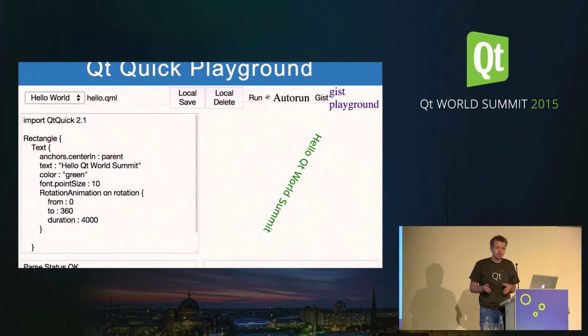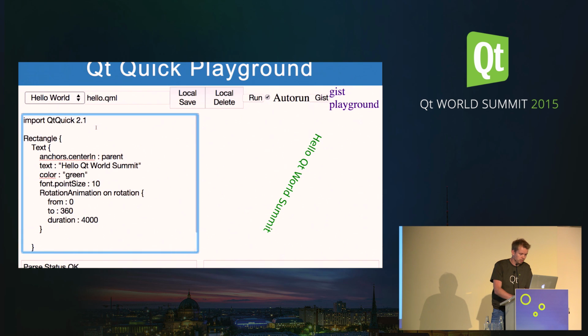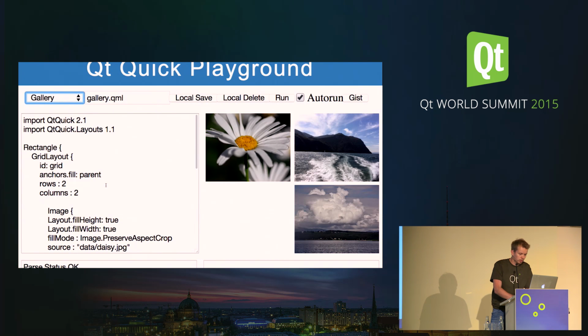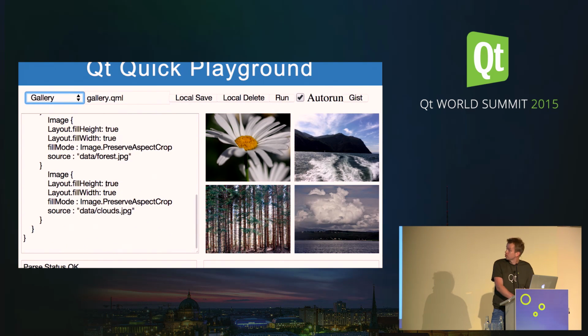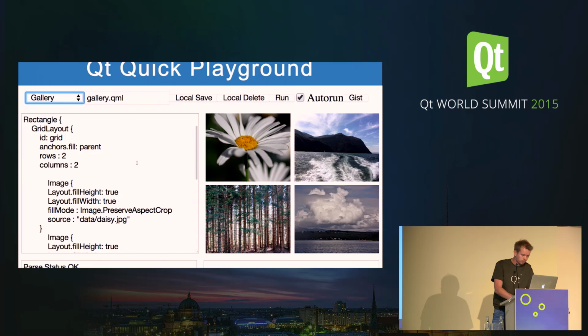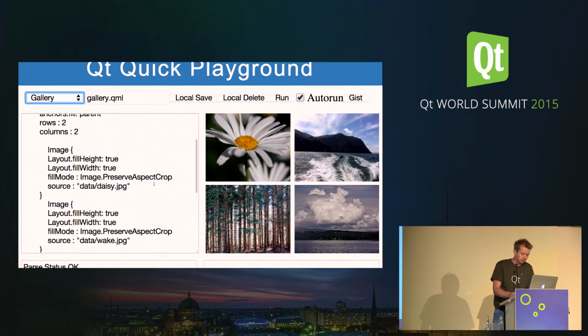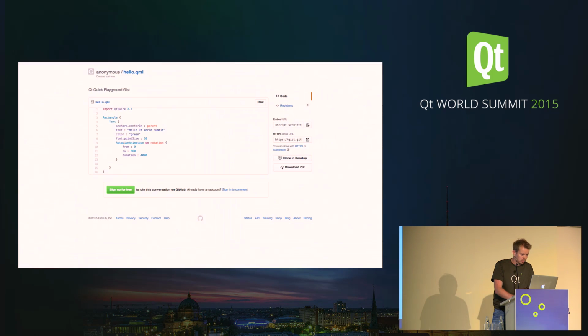So this is not online yet, but perhaps it could be some kind of a code paster for Qt or for QML. I have some gallery example with images and so on. So that was the playground.